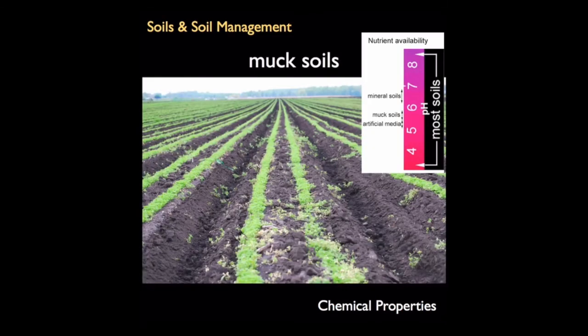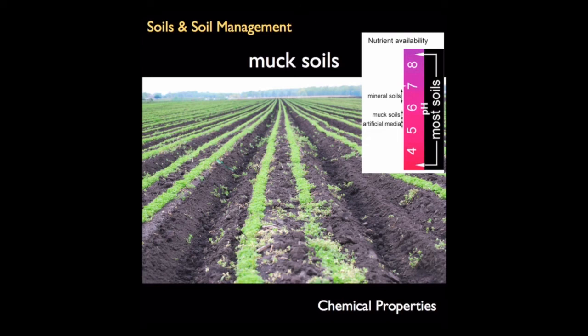The effect of pH on nutrient availability in organic field soils, potting soils, or soilless mixes can be quite different from that found in typical mineral soils. In organic field soils, muck soils containing 30% or more organic matter, the best window of nutrient availability is from pH 5.5 to 5.8.